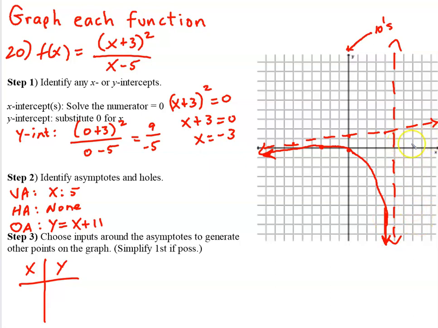I just need to see what it looks like over to the right of this vertical asymptote.